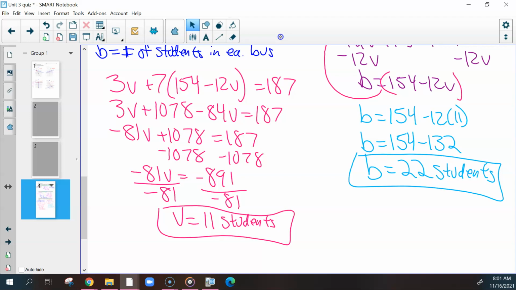You have your Khan Academy on systems of word problems that was already due, but you can still go back and redo it or do it. As well as the Delta Math that was due yesterday, but you can still work on it. Or previous Khan Academy or Delta Math. So you have plenty of things to be working on.